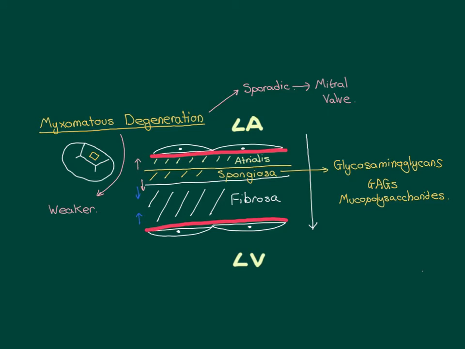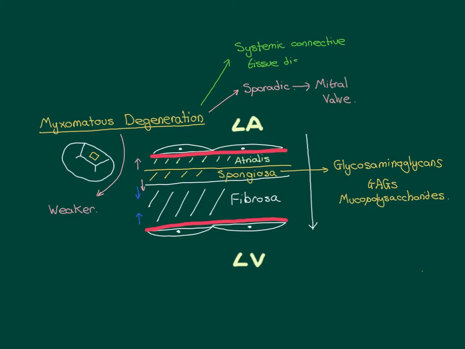And we'll talk about what the consequences of this are in a moment, but you can probably already predict what the consequences of myxomatous degeneration of the mitral valve are going to be. Alternatively, myxomatous degeneration can be associated with a systemic, usually inherited connective tissue disorder. They're usually genetic disorders.